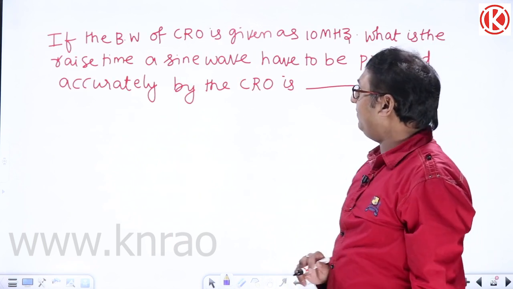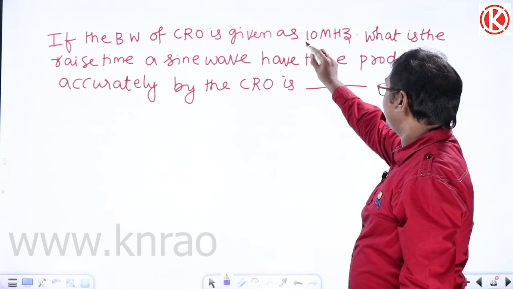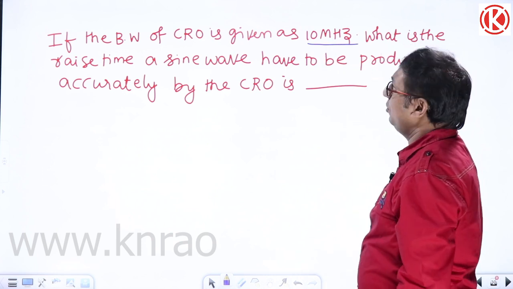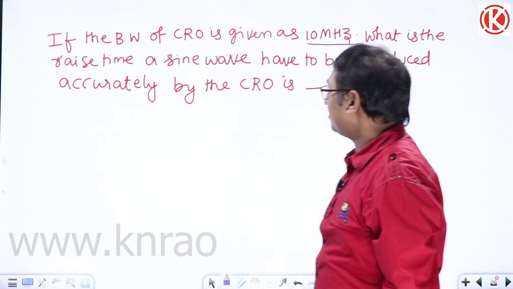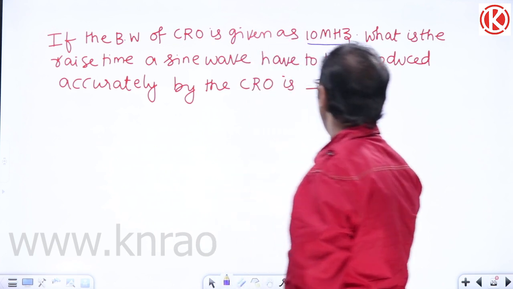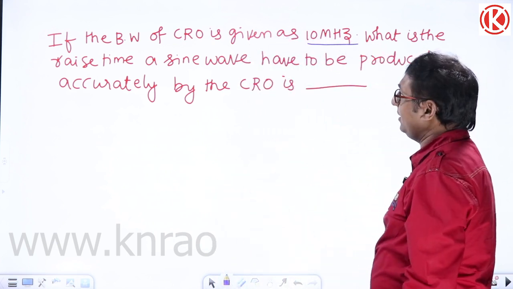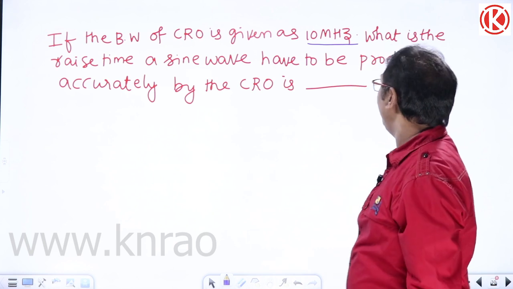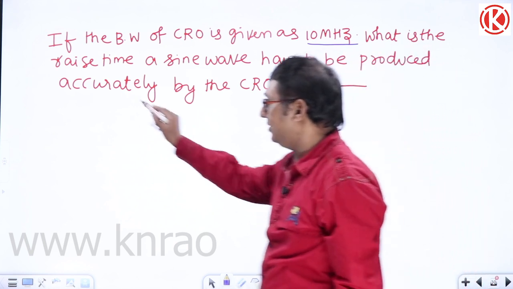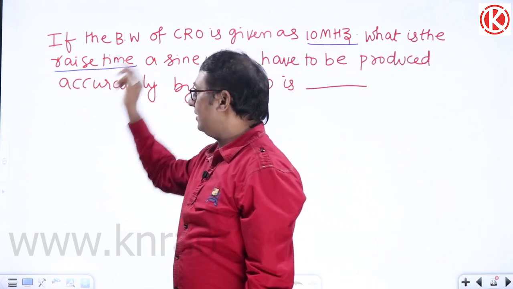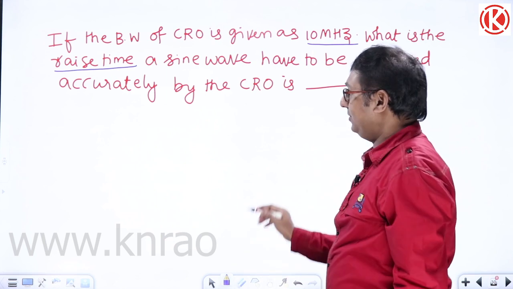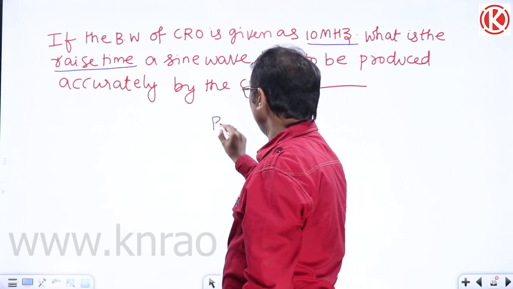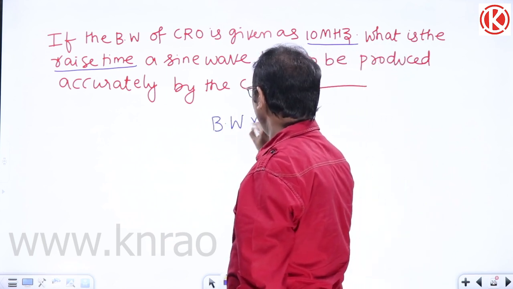If the bandwidth of CRO is given as 10 megahertz, what is the rise time a sine wave has to have to be produced accurately by the CRO, dash. Bandwidth is given and he is asking for rise time. So we have two statements.